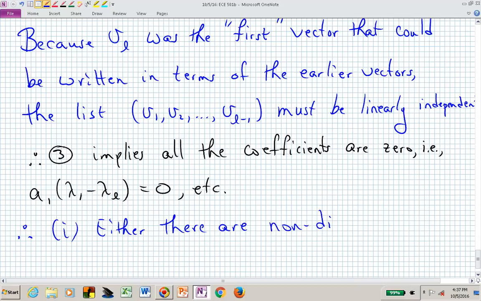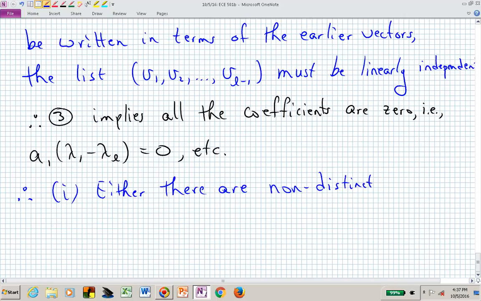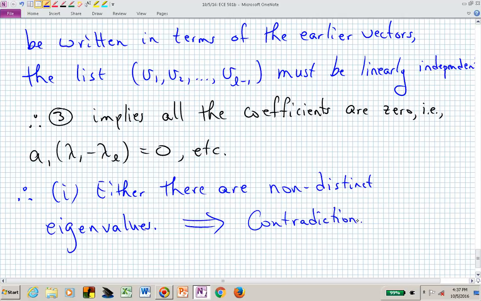So either there are non-distinct eigenvalues, but that contradicts our first assumption. There's one of our contradictions, or at least we've come to a contradiction for that path. That's good.